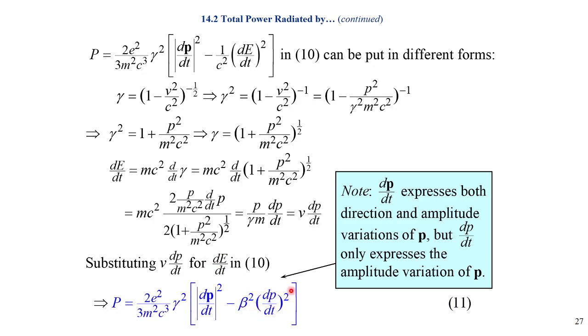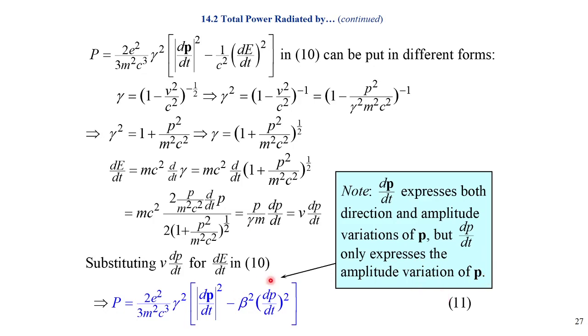No big deal, but it changed a lot, because we know p here is the absolute value, and p is a vector, but this one is the absolute value. dp dt expresses both direction and amplitude variations of p, but d|p| over dt only expresses the amplitude variation of p, that is, the absolute value of p.